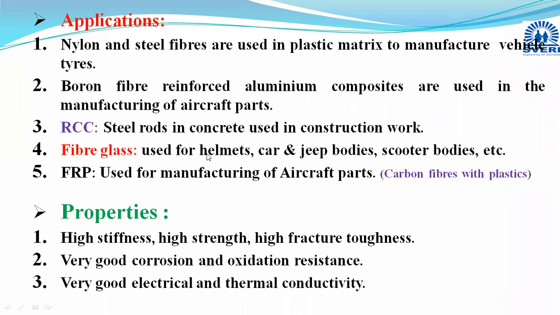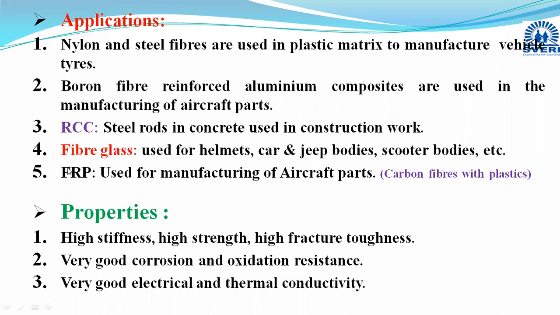Different glasses are there in helmets or in our car vehicles, different types of vehicles. These are fiber glasses. The glass material will be in the form of fibers, and the remaining matrix will be plastic. So it is used for helmets, cars, jeep bodies, or scooter bodies. We can use fiber glasses in different vehicles.